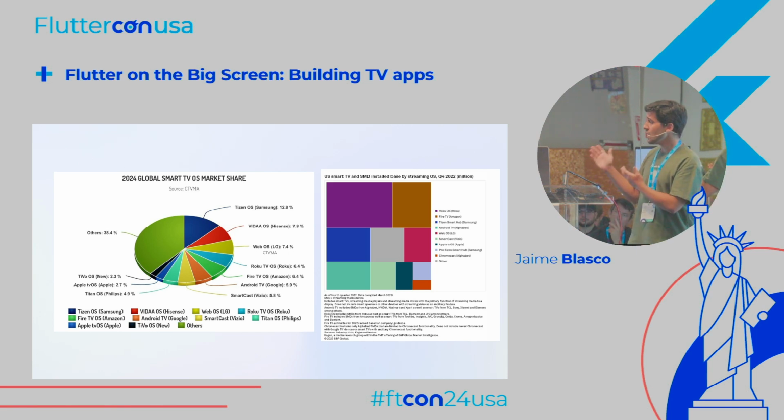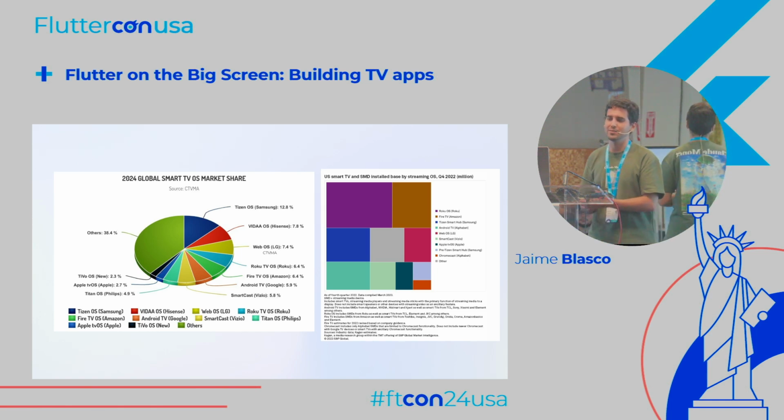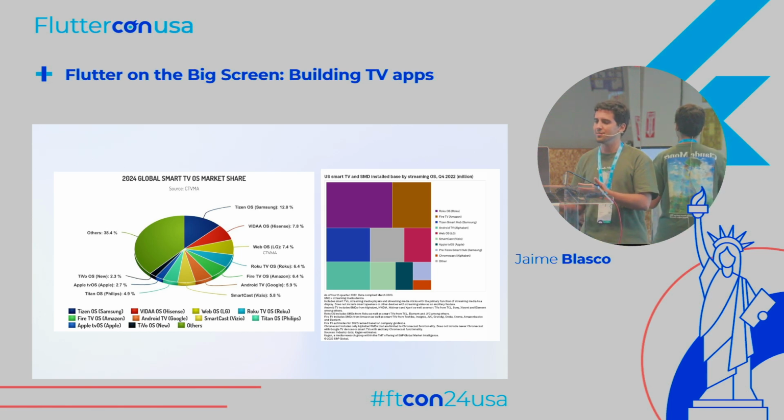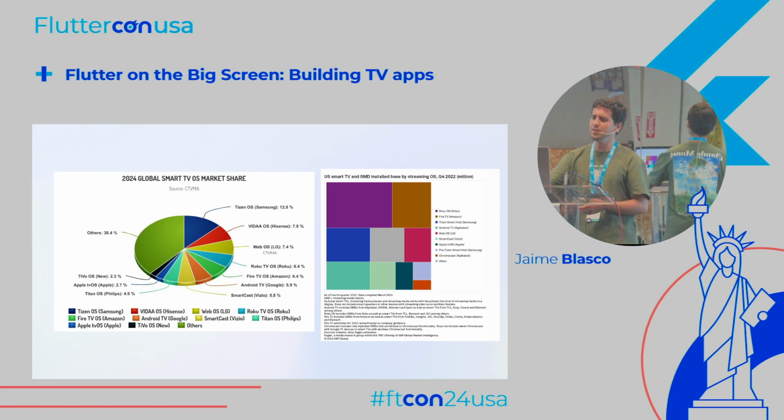From this chart, what came as more of a surprise to me is that Apple TV has such a low market share, so there are other investments that can be more valuable for us. Let's see the US market.